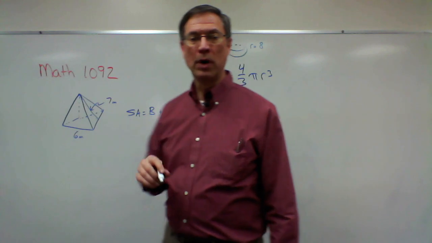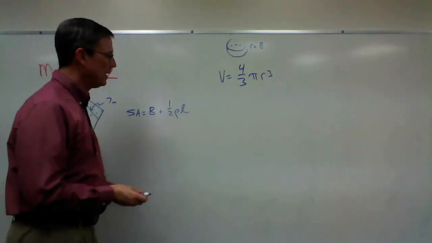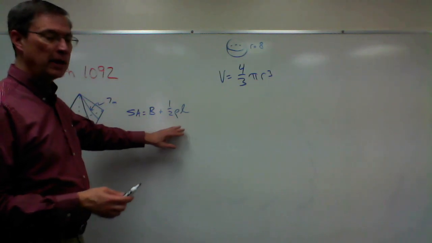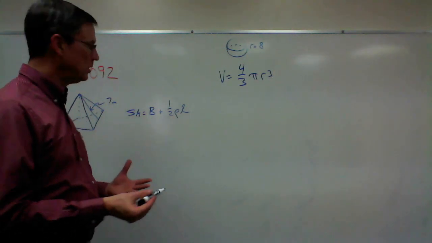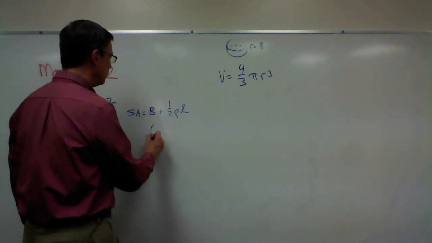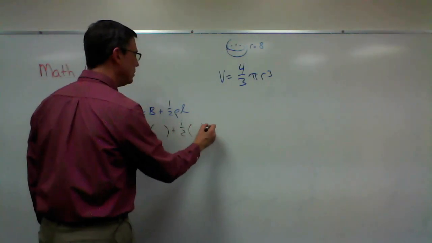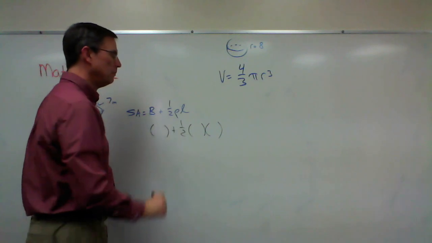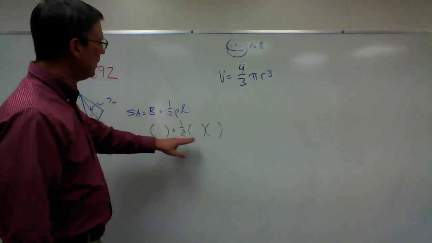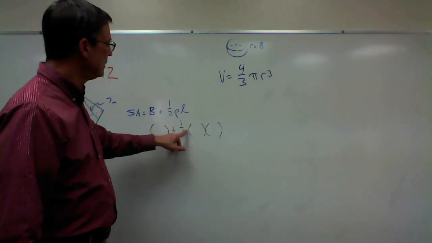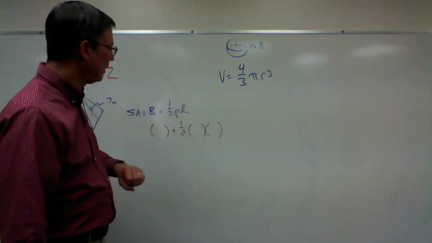Now, here's an important point I want to make. If we replace all of these letters with parentheses first, so the base plus 1/2 the perimeter times the slant height. So now I have three things I need to fill in, but because they're all up against each other, I see that these are going to be multiplied.